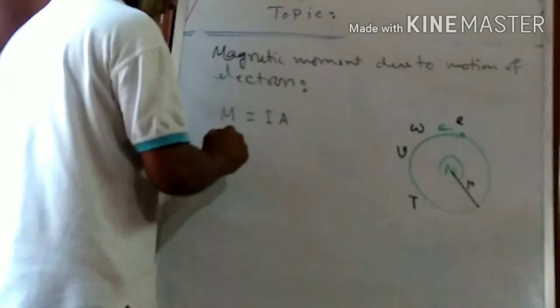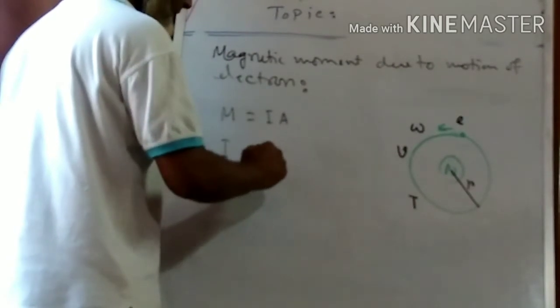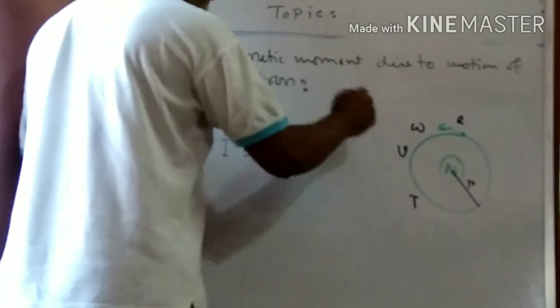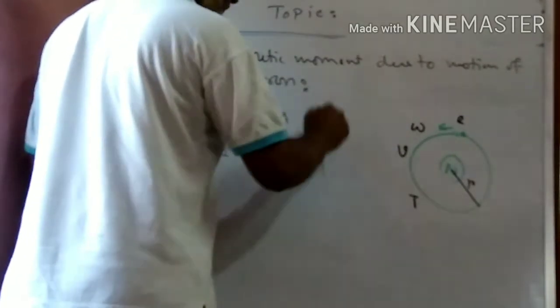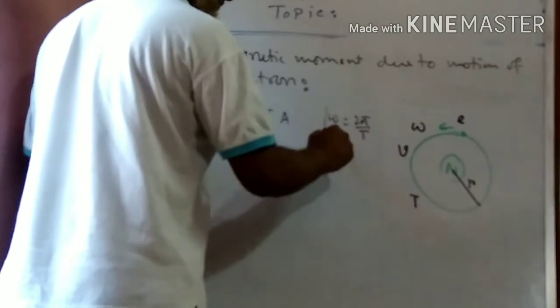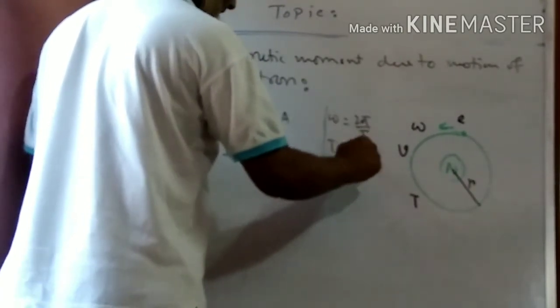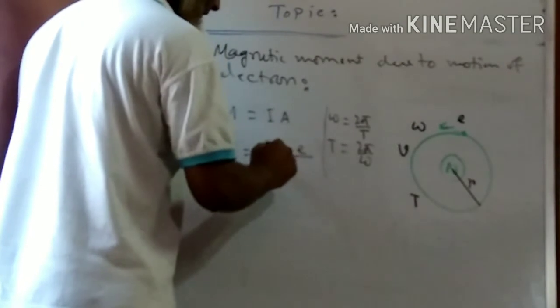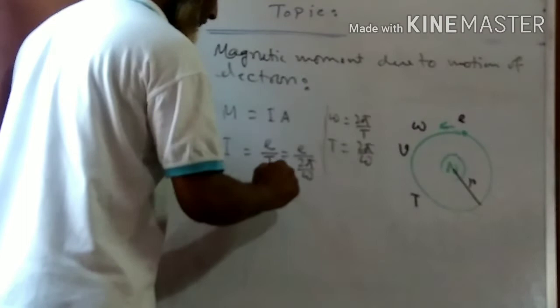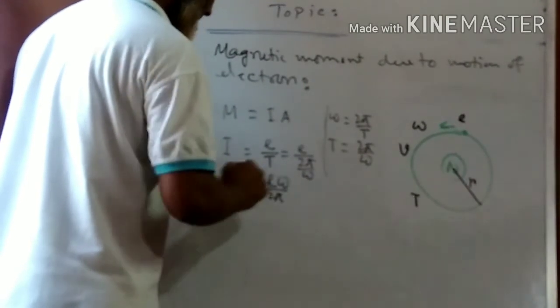Now I equals E by T. The angular velocity is omega. Omega equals twice pi by T, so T equals twice pi by omega. So I is E by twice pi by omega, which is E omega by twice pi.